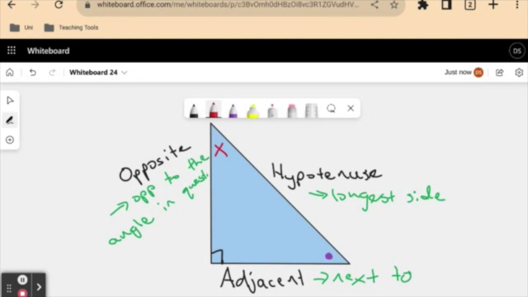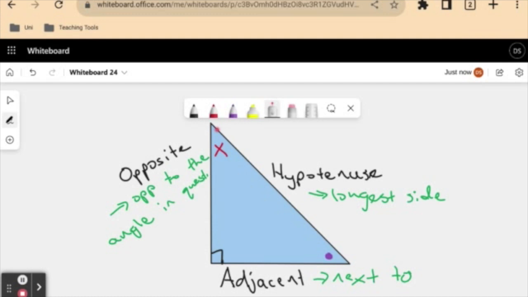But have a think, is there one thing that is constant here? No matter whether you're standing here or here, you'll see that this will always be your longest side. So the hypotenuse is constant.